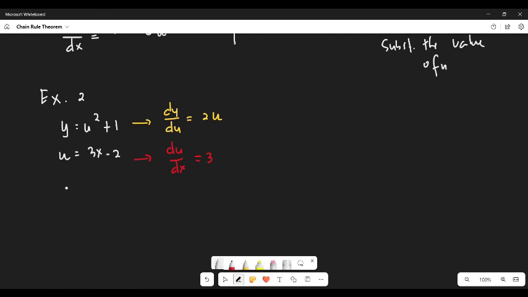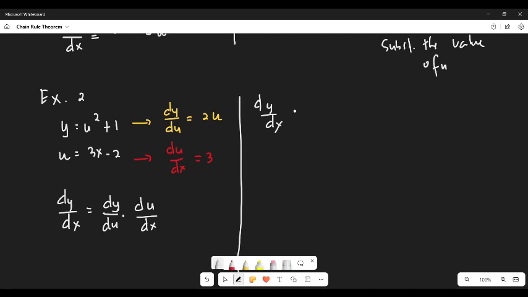Writing the formula for the chain rule theorem, we have dy/dx equals dy/du multiplied by du/dx. Substituting the values, we get dy/dx equal to 2u times 3, or we can say that this is equal to 6u, but u is equal to 3x minus 2.